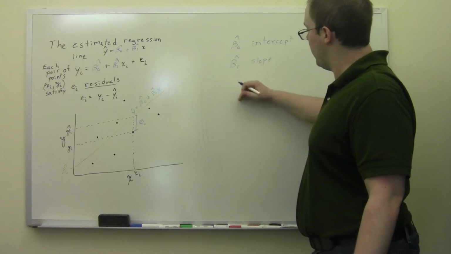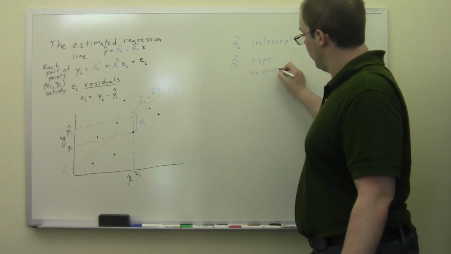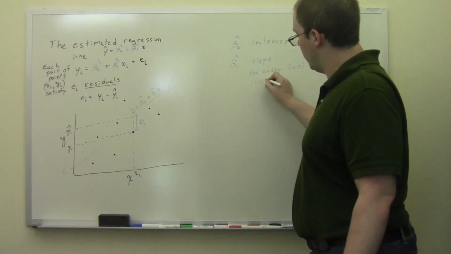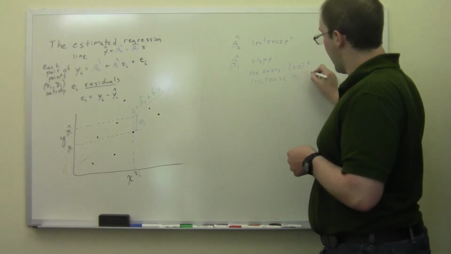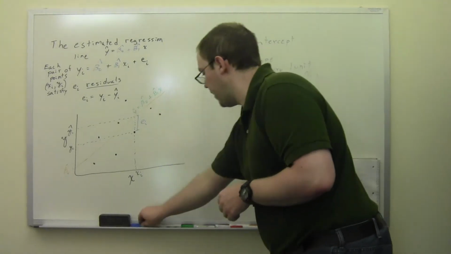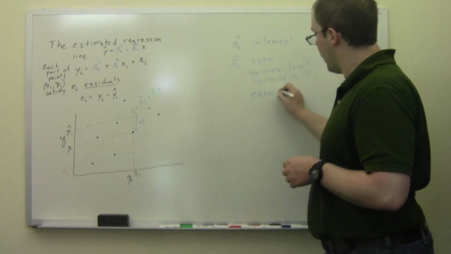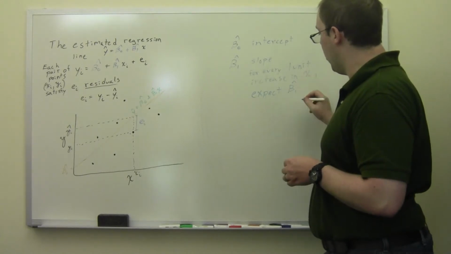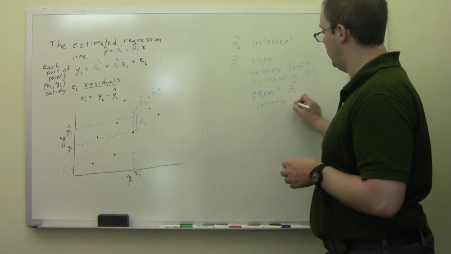So this beta 1 says for every 1 unit increase in x, on average, and this marker is dying, let me switch colors. For every 1 unit increase in x, we expect beta 1 hat increase in y.